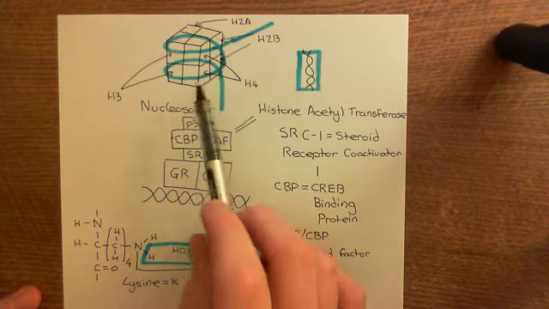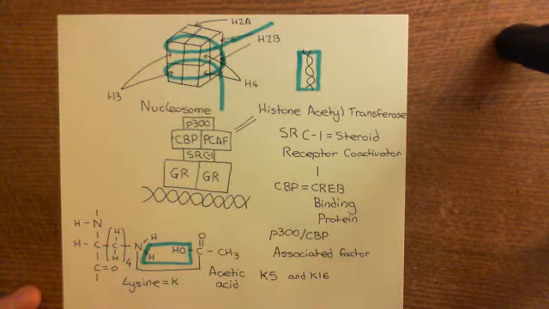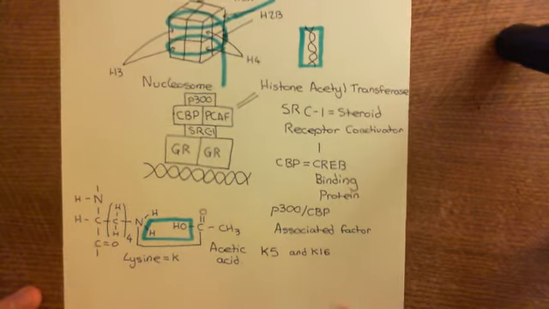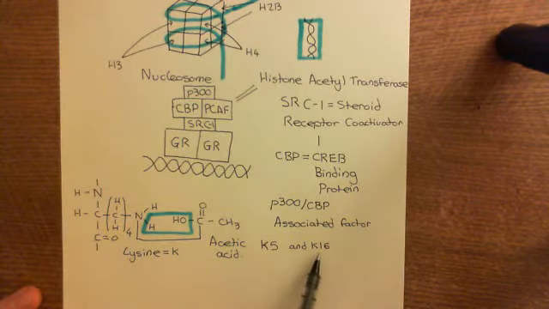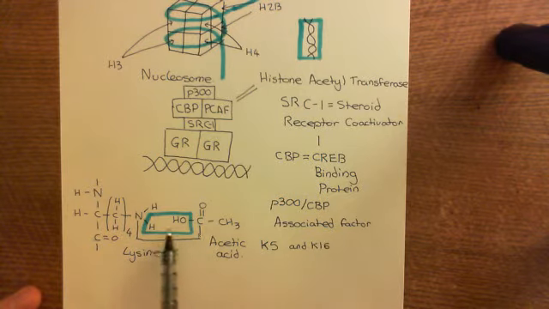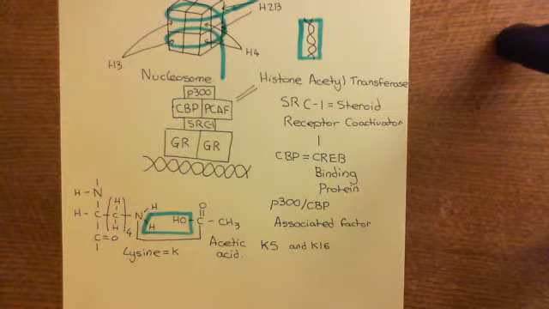This will acetylate lysine residues in histone 4, specifically the lysine at position 5 and lysine at position 16. When you acetylate these lysines, that will cause the DNA to loosen around the histone octamer, which will allow RNA polymerase to come in and bind to the promoter region more easily. So that will also help to increase the expression of the downstream gene of the promoter region.